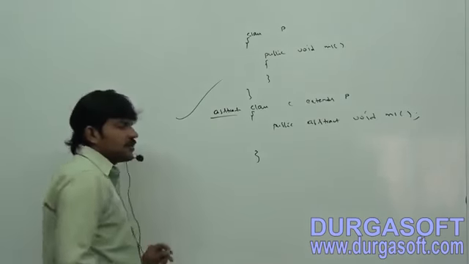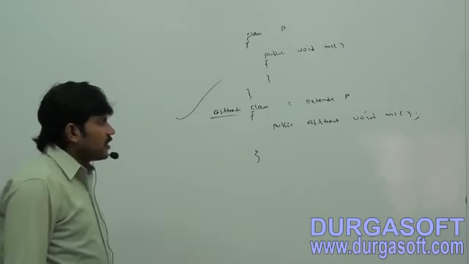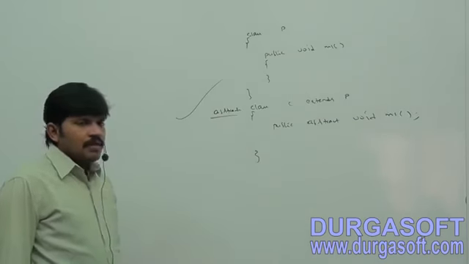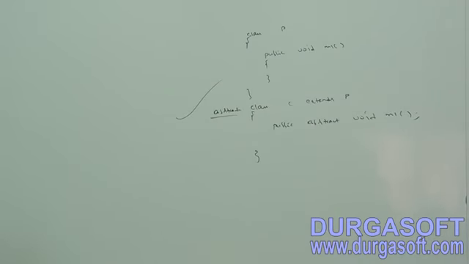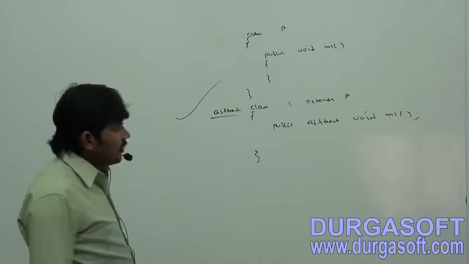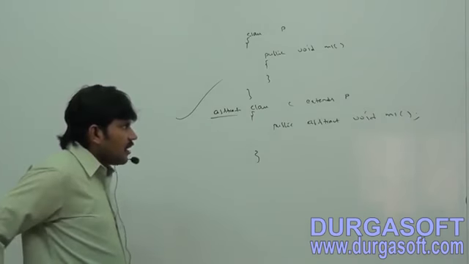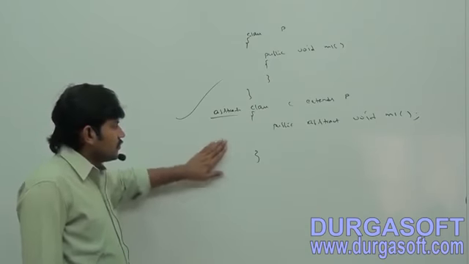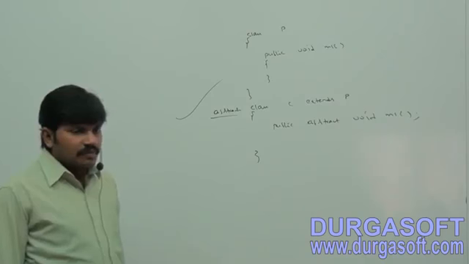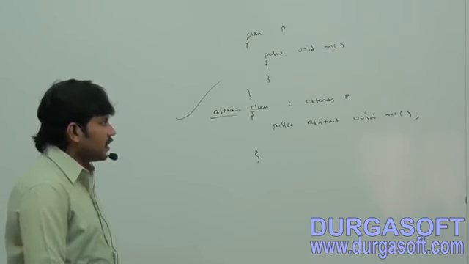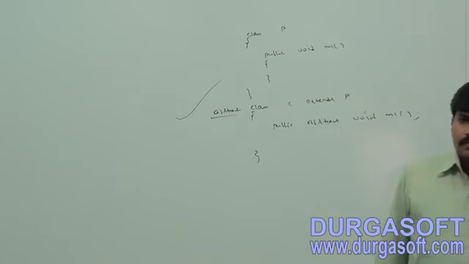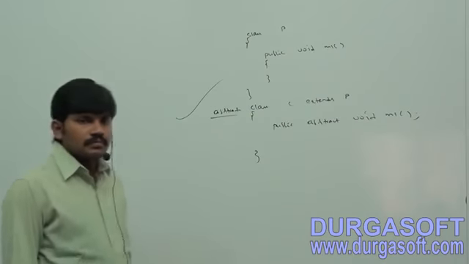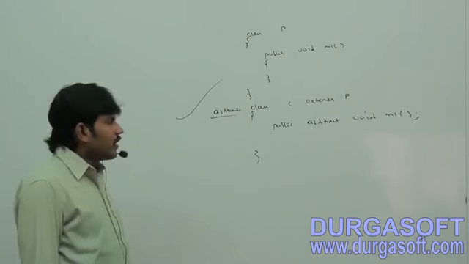Take this one: class P with public void M1, and abstract class C extends P with public abstract void M1. Completed, right?